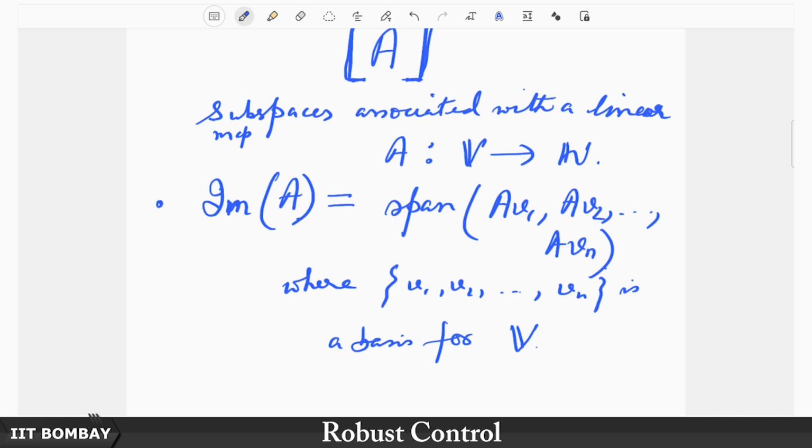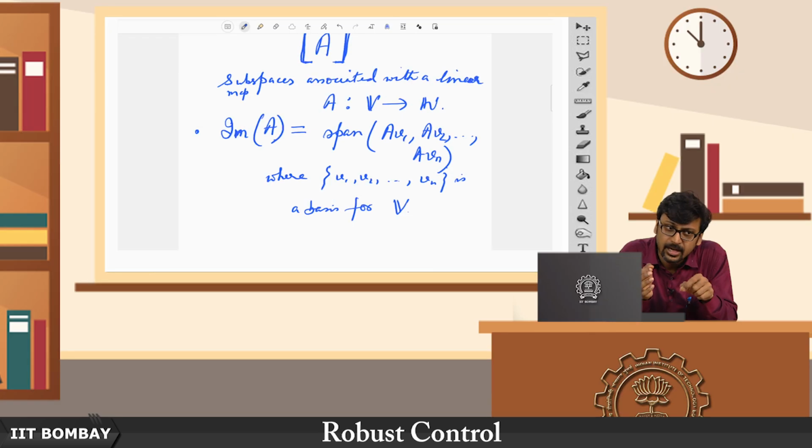So, take a basis in the domain, get this linear map to act on each element in that basis, and then you have a set containing as many elements as the dimension. Again, we are dealing with finite dimensional vector spaces mostly. So, containing as many elements as the dimension of the domain.